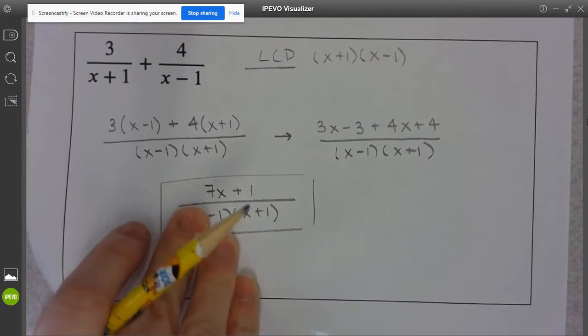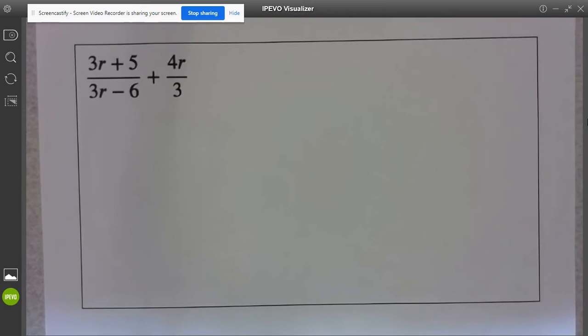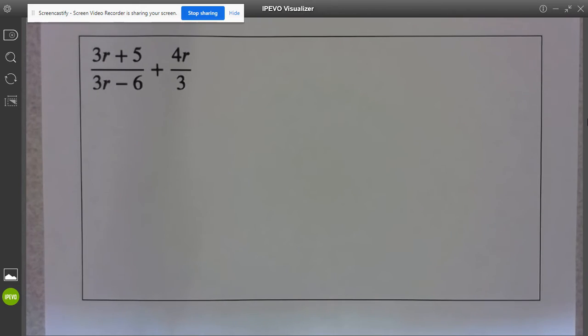All right, let's see. For our next one, in this case, sometimes what we need to do is factor our denominator a little bit to see if there's any piece of the second denominator already living in our first denominator, or vice versa.